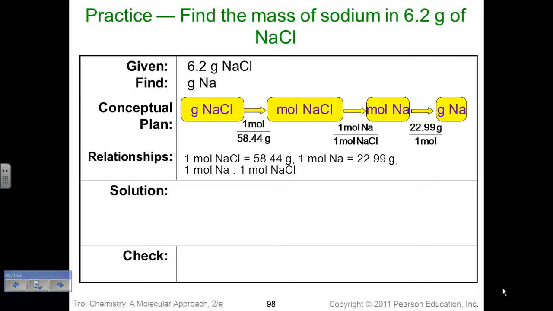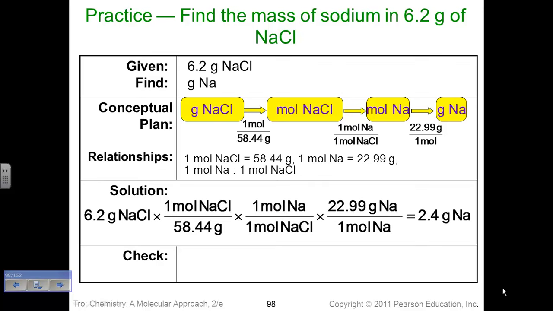Notice in our formula we have a 1-to-1 mole ratio. Looking at the formula, there's 1 Na in the formula of NaCl. So start by writing 6.2 grams NaCl. We want to cancel the gram unit and head into the mole. 1 mole of sodium chloride with its formula weight of 58.44 grams cancels the gram unit.